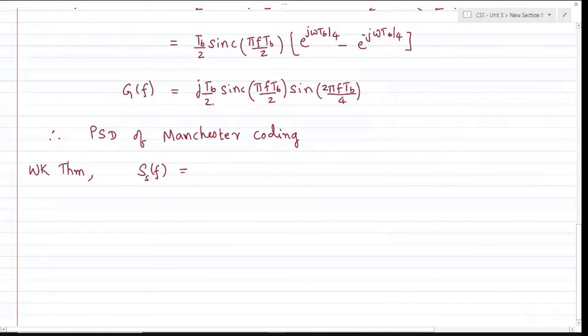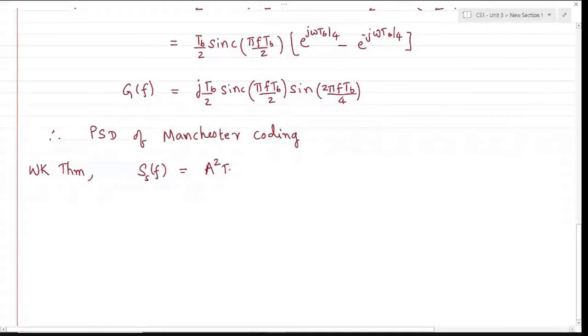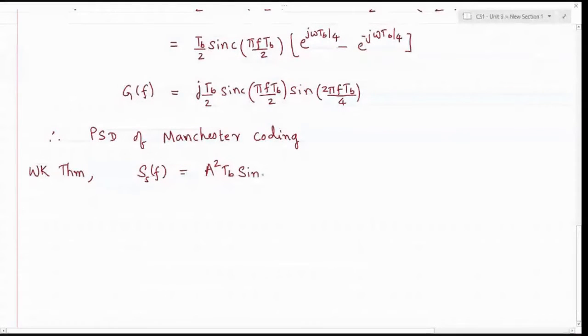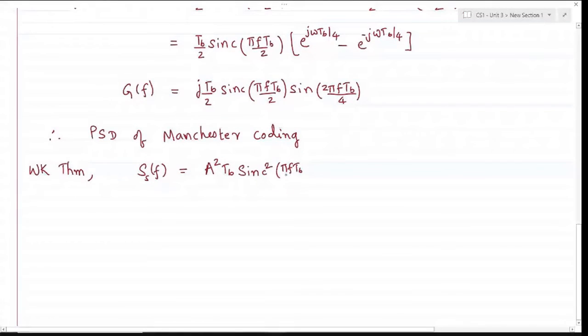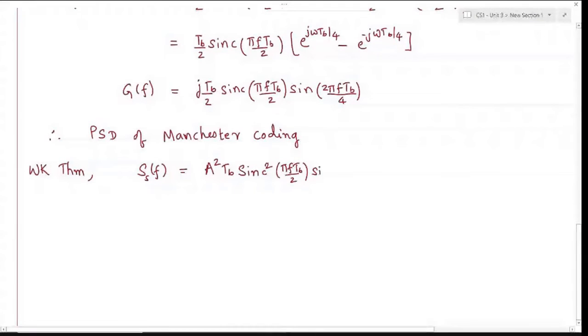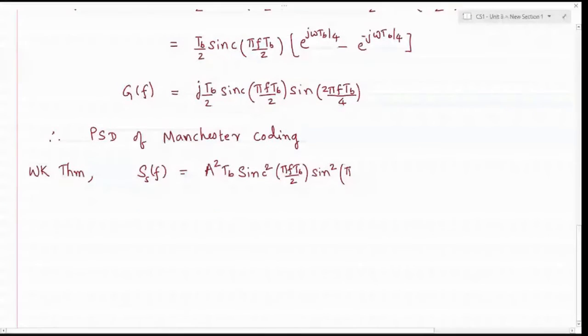Magnitude is nothing but, there is j in the term involved here, and hence the magnitude of this will simply be A square Tb times sinc square of pi f Tb over 2 times sine square of pi f Tb over 2.